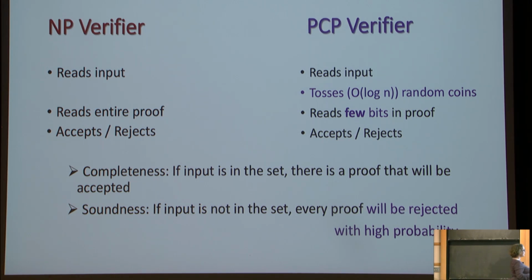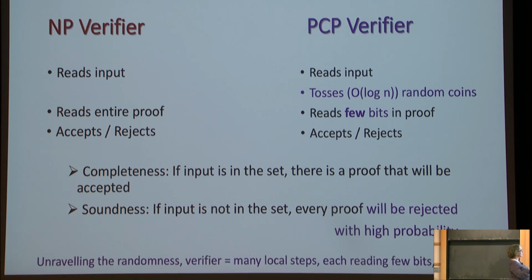So I think the best way to understand this, because it might be confusing, is this relationship between the randomness and the existential quantifier on the proof. So what is the way to think about it? When you look at the PCP verifier and you unravel the randomness, the meaning of having only a logarithmic number of random coins is that when you unravel all the possible ways the random coins can fall, there's a polynomial number of options, okay?